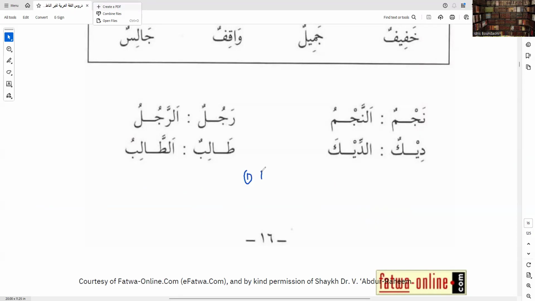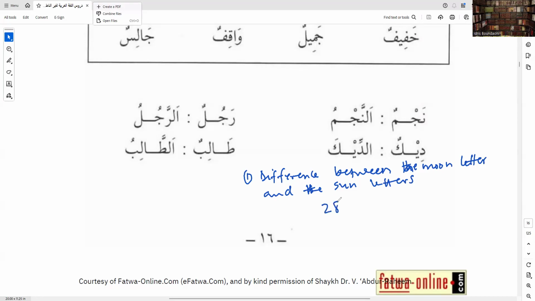we're going to learn the difference between a moon letter and a sun letter. Let me say the moon and the sun letters.